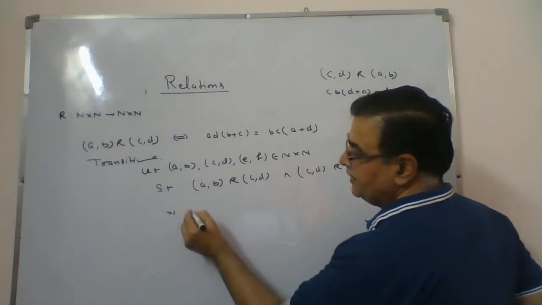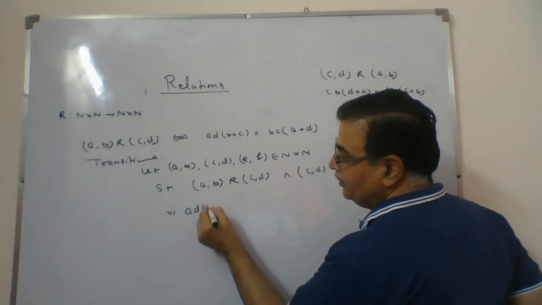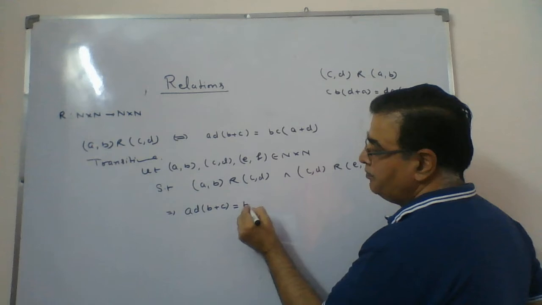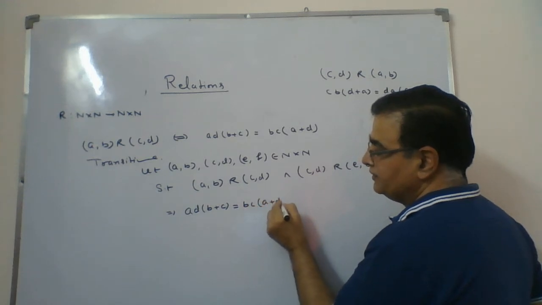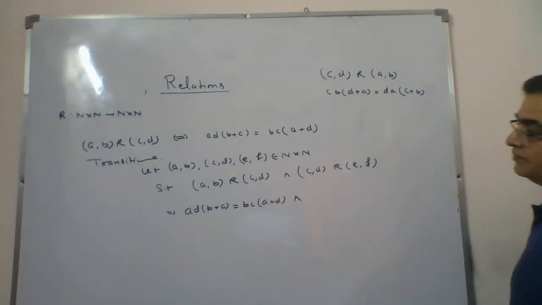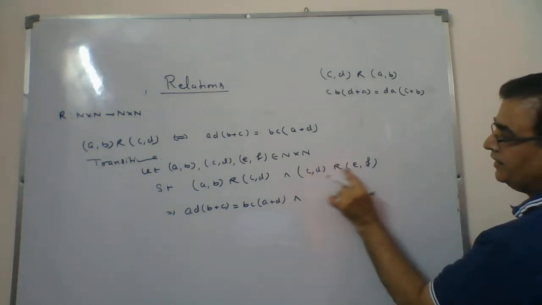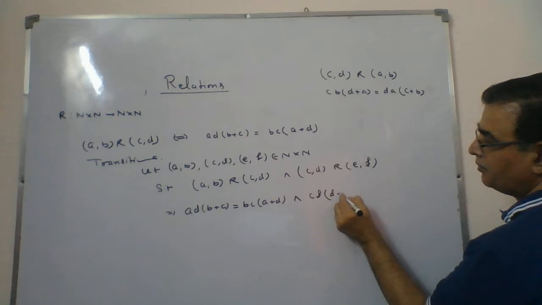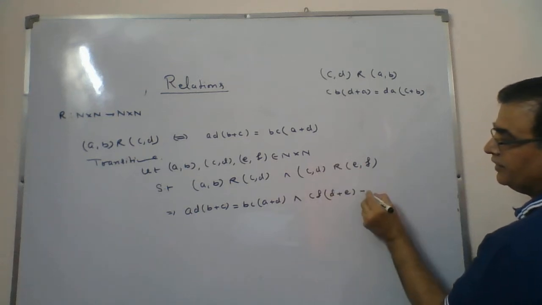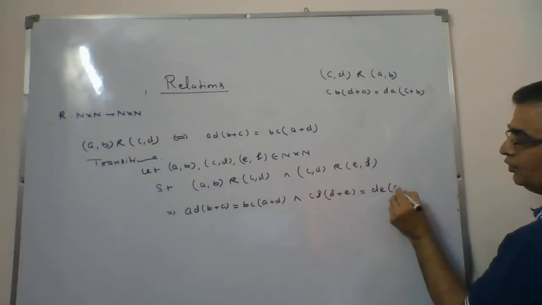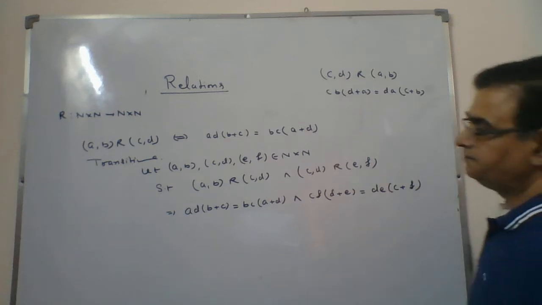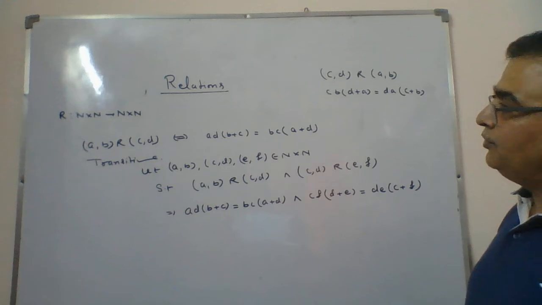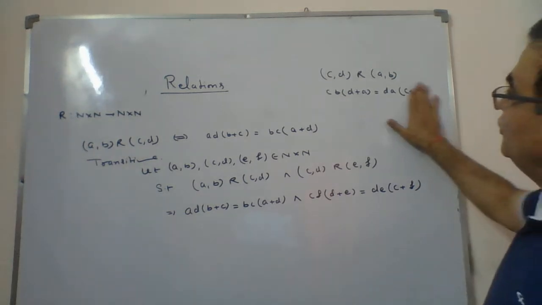It comes AD into B plus C will be equal to BC into A plus D. And here what you have, just check, CF into D plus E is equal to DE into C plus F. So these are the two results we got. And from this, what result you need, that is to be checked now.